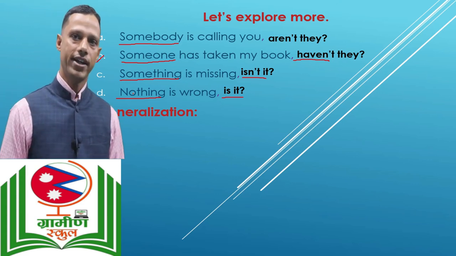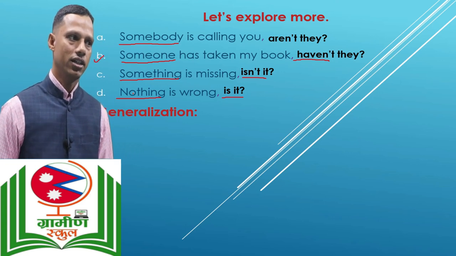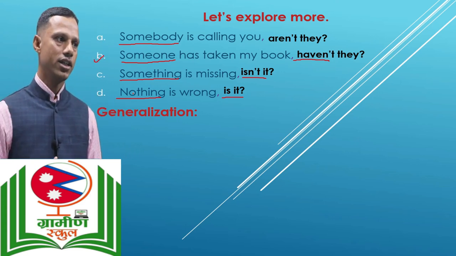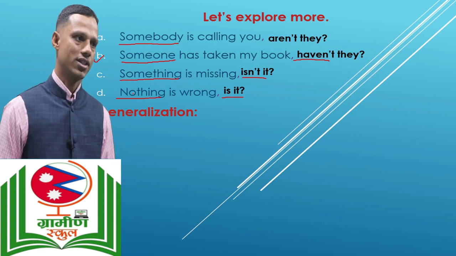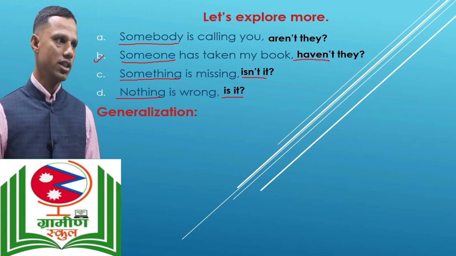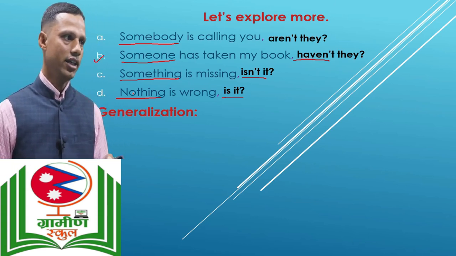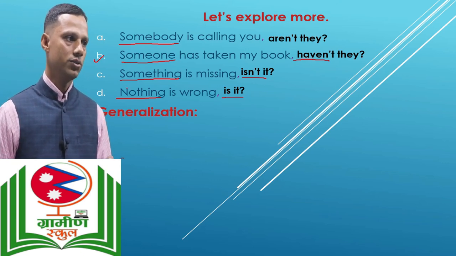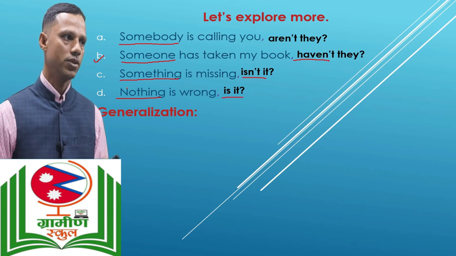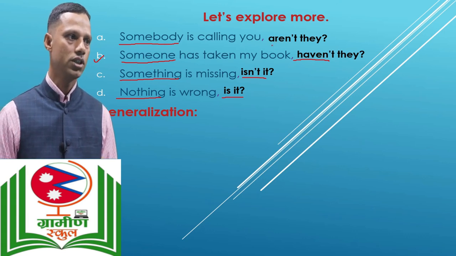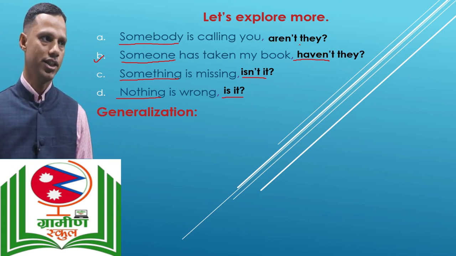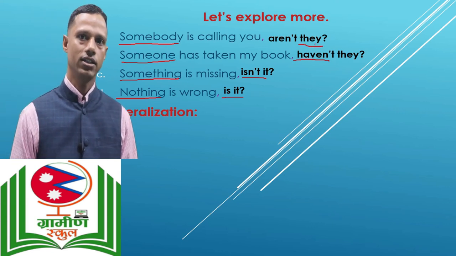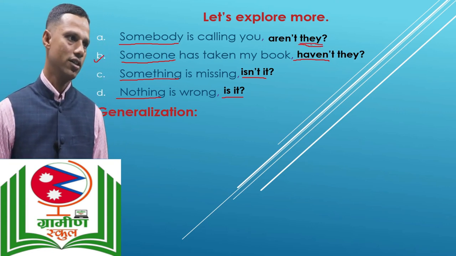Then how can we make the question tag when the sentence contains such vague pronouns? You can notice in number A, somebody is calling you. Now, how have we replaced somebody? We have replaced this somebody with the pronoun they in the question tag.